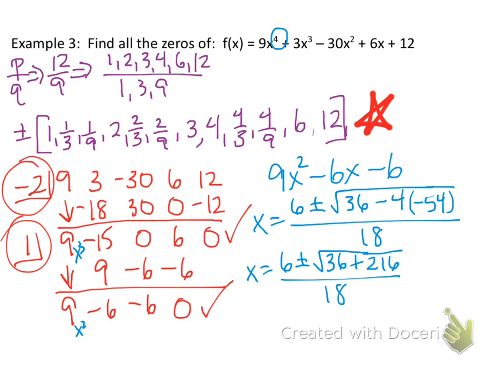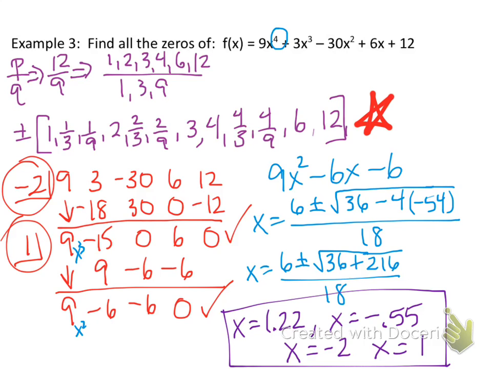When I simplify this, I get x equals 1.22 if I round my decimal, and x equals -0.55, again rounding to the nearest hundredth. Don't forget that I've already proven synthetically that x equals -2 and x equals 1. And so I've found my 4 zeros.